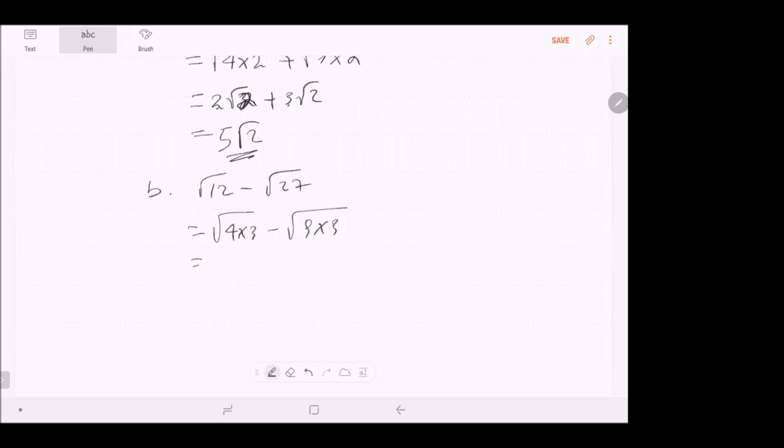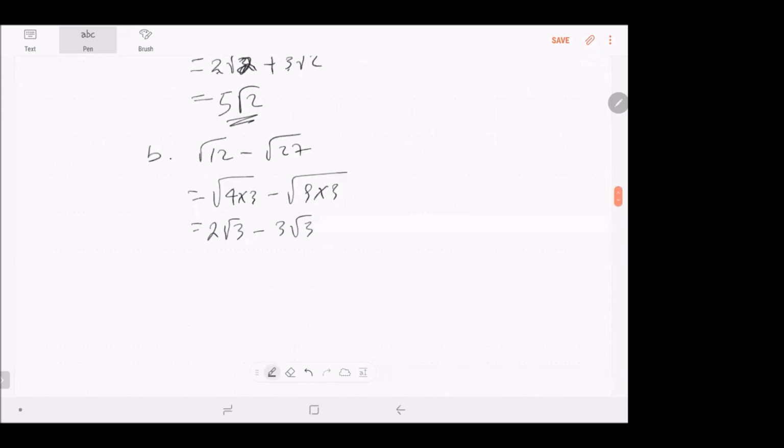So 4 extracted from the square root is 2, so it will be 2 times the square root of 3, minus 9 extracted from the square root as 3, so 3 times the square root of 3. Now the radicals are like radicals, so we can subtract.